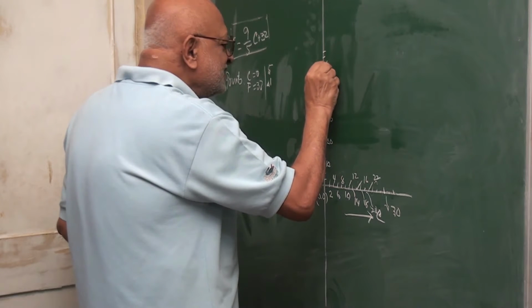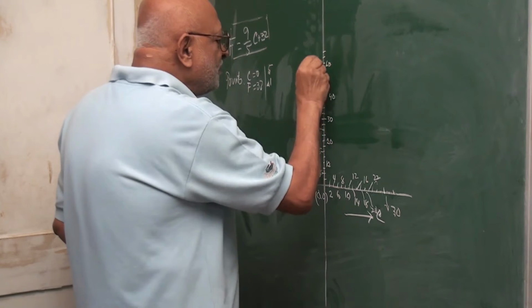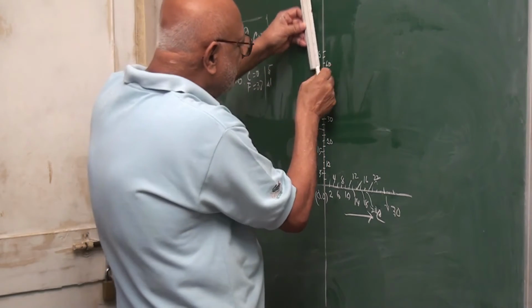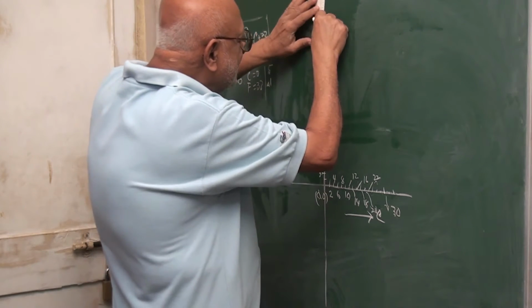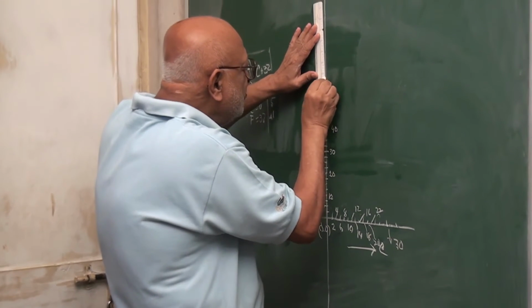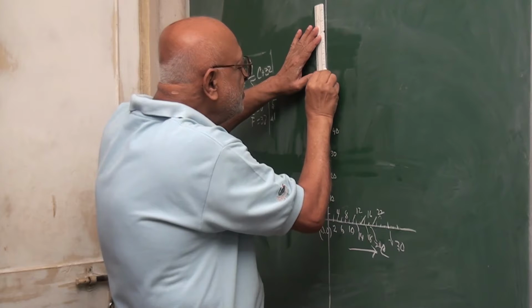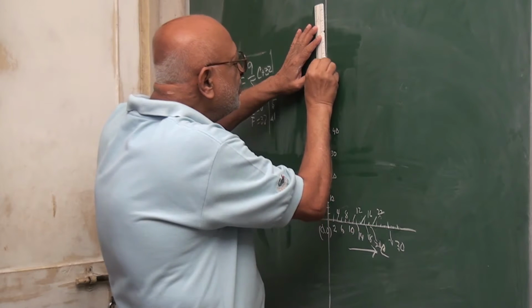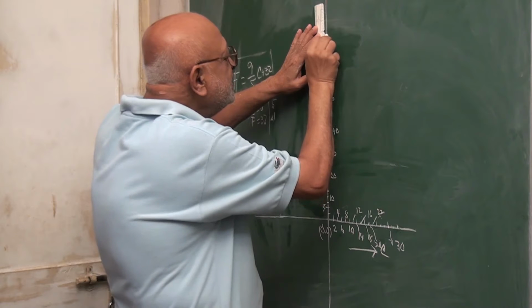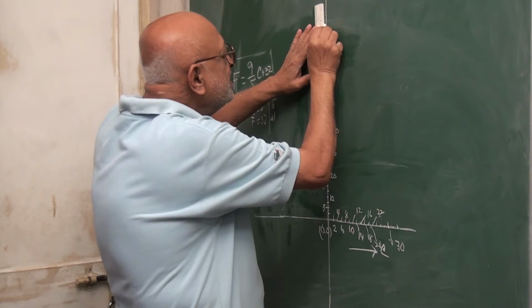Okay, this point is 60. This point is 65. I think I have to go up to 95. Okay. So let's do it little bit. Okay. 40, 1, 2, 3, 4, 5, 6, 7, 8, 9, 10, 11.